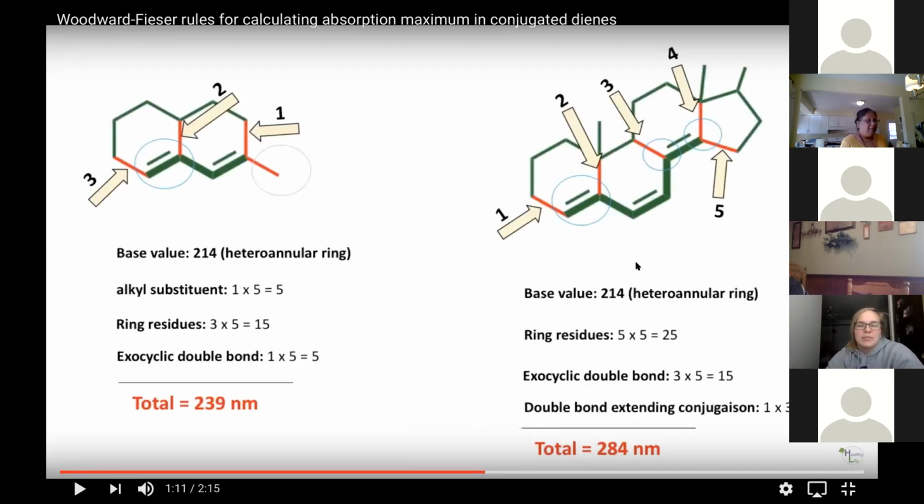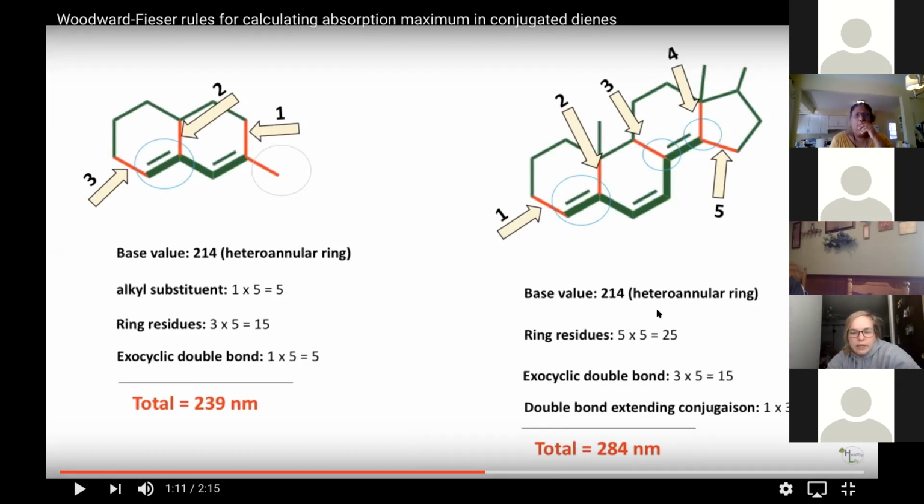So this whole dark green part is your conjugated pi system again, because you have alternating double, single, double, single, double. And they're all within different rings, so that makes it a heteroannular ring.